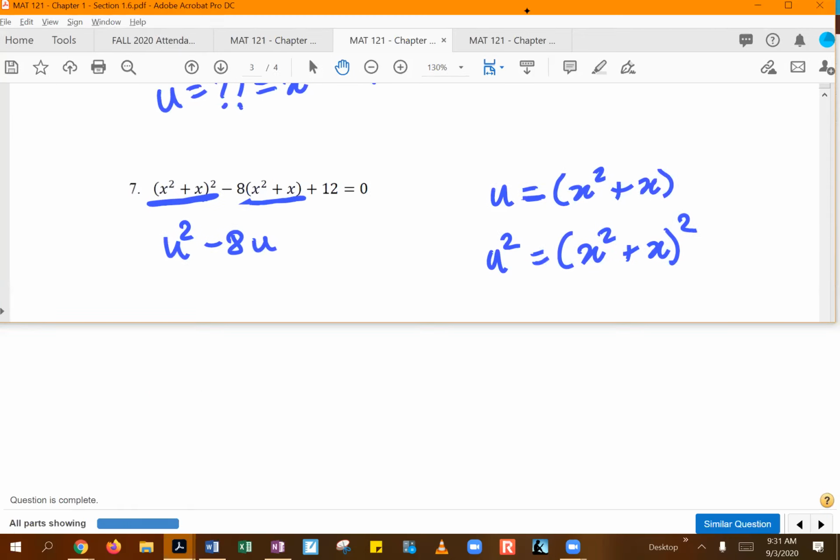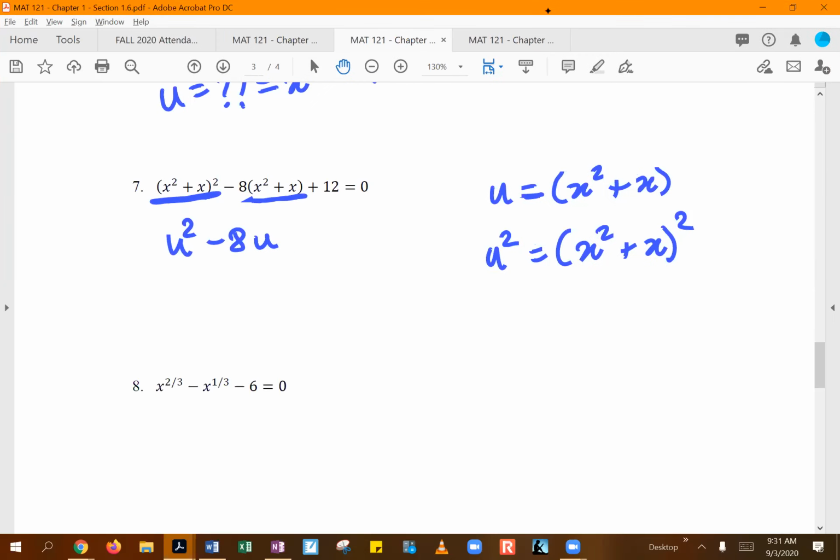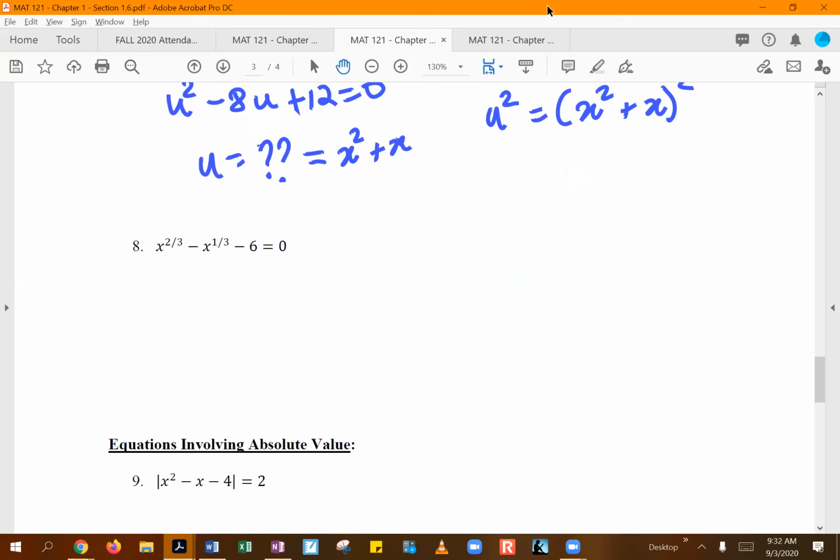The middle term would be u plus 12. And again, now you can use factoring or the quadratic formula to solve this, get your answer for u. But now, of course, we will be setting our answer equal to x squared plus x. And then, of course, we're going to find our x by repeating the process over here.